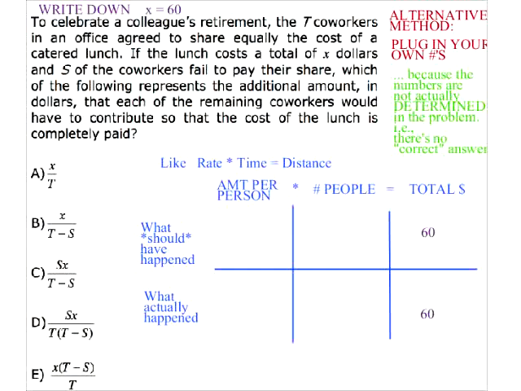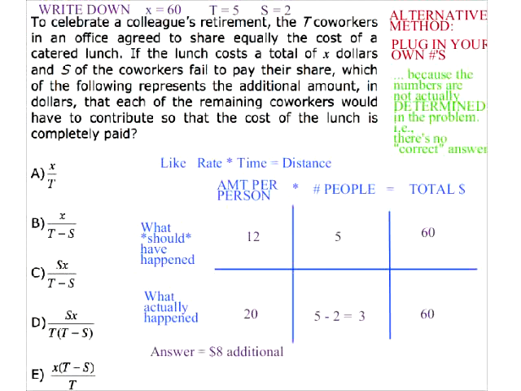So x is 60. And let's say that t is 5, and then s is 2. So what should have happened is that 5 people should have paid, which would be $12. But actually, 5 minus 2 is 3 people paid. So they actually paid $20. So the answer is $8 additional.